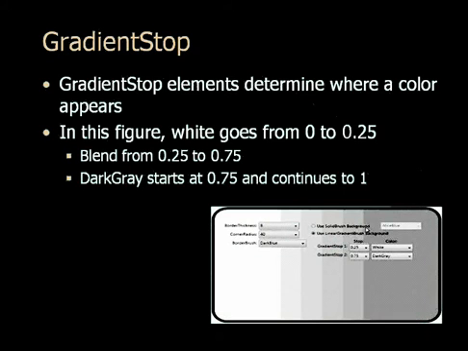And that's what that linear gradient might look like. You can even see in the image itself that I have controls that let you specify the stop location for each color. Here, white stops at 0.25, dark gray stops at 3/4 and extends from there.